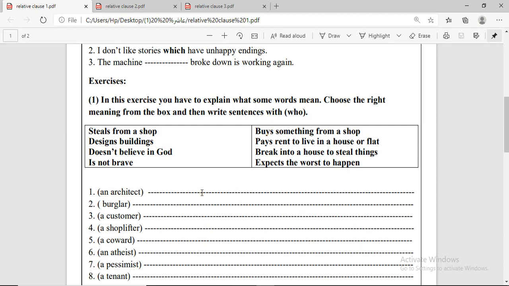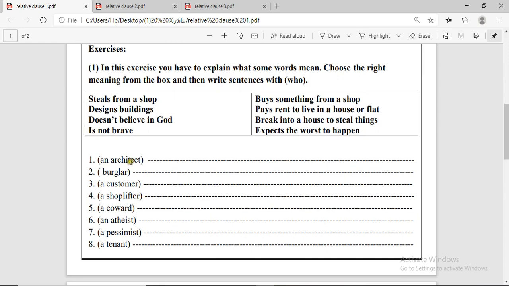First of all, I'll give you the meanings. An architect, مهندس معماري. Burglar, لص. A customer, زبون. Shoplifter, اللي هي يعني اللي بيسرق من المحلات.